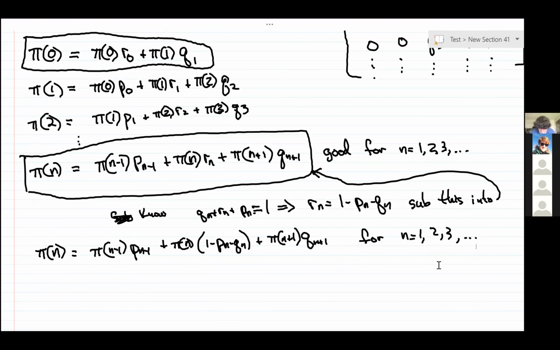Okay, now from here, we want to do a little bit of algebra. So let me touch base with the book. This derivation that we're doing occurs in the book, and I just need to find out where.